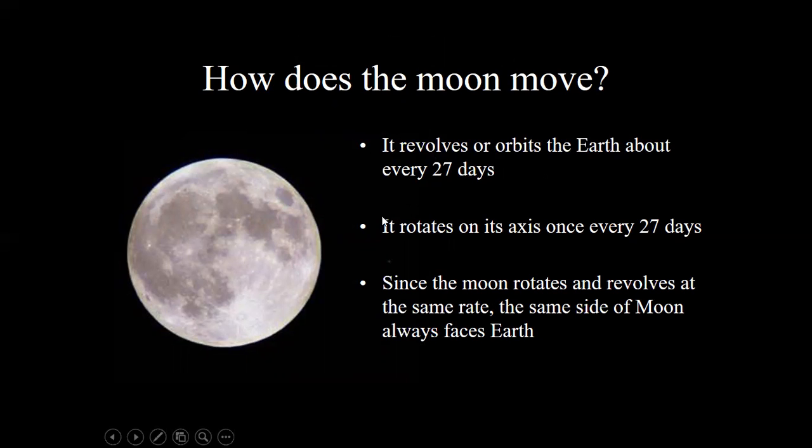And also the moon rotates on its own axis every 27 days. So there is a one-to-one synchronized rotation and orbit. Because of that, we can only see one side of the moon always facing us. The other side of the moon cannot be observed from Earth.